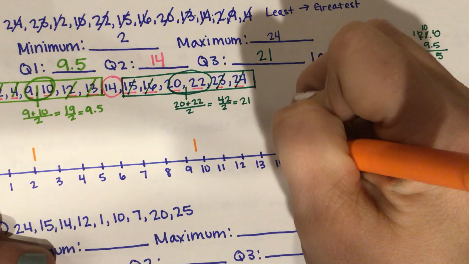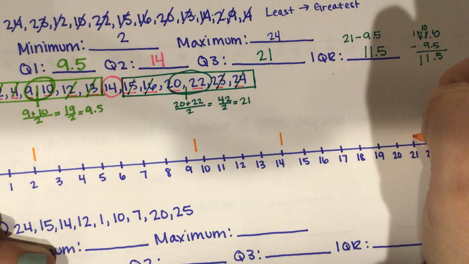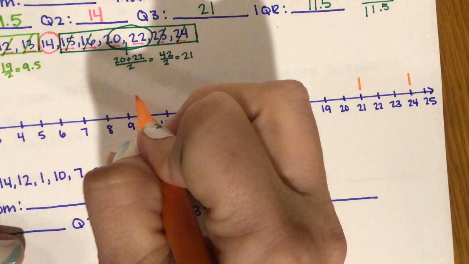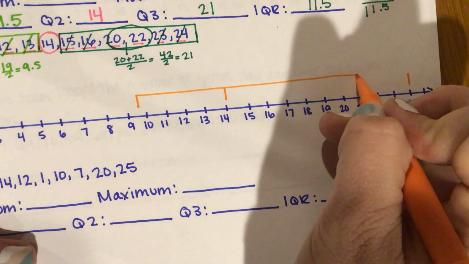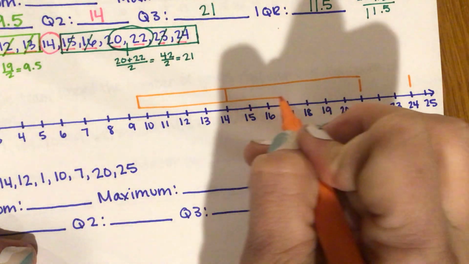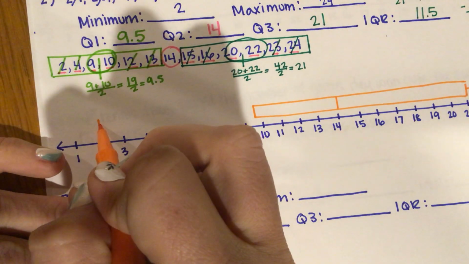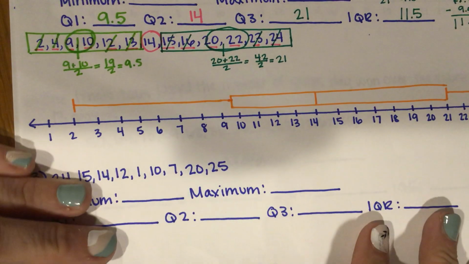Q2 is 14, and Q3 is 21. I connect my middle 3 lines to form a box, and then I attach my extremes. And then I've got my box plot.